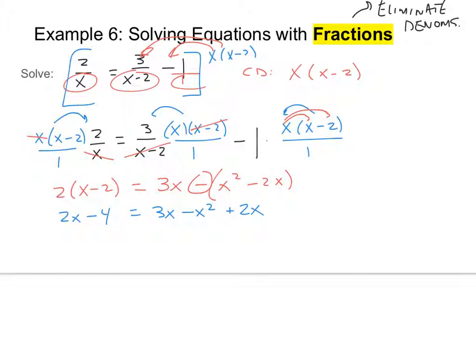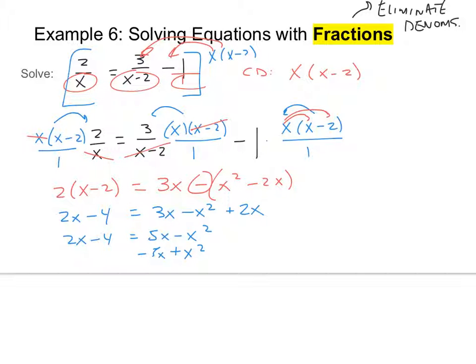Well, now I've got a quadratic because I've got my x squared term, I've got some x stuff. So I'm just going to go ahead and rewrite. So on this side I've got 5x minus x squared, 2x minus 4. I like to try to keep things on the up and up, so keep things positive.